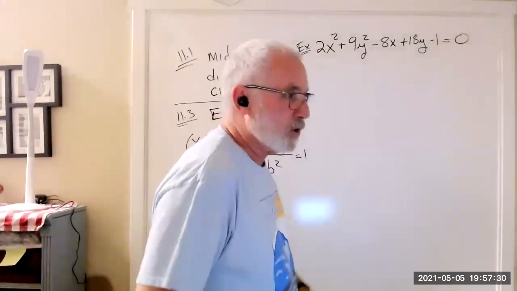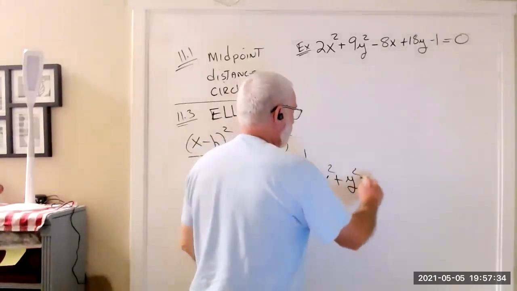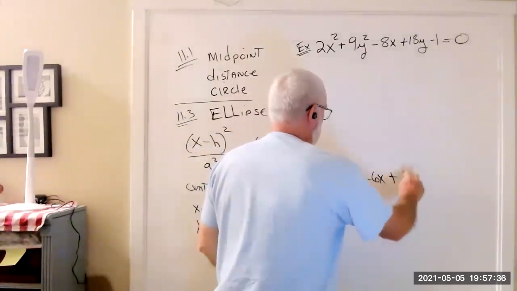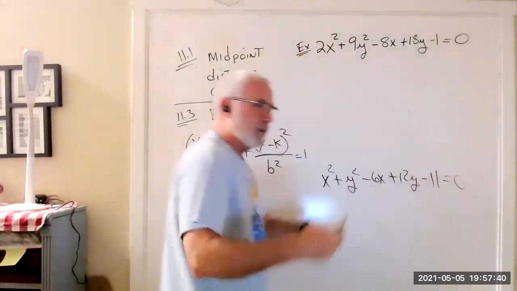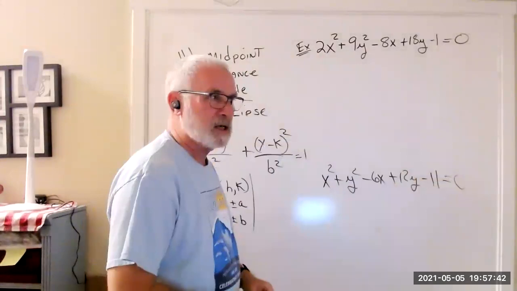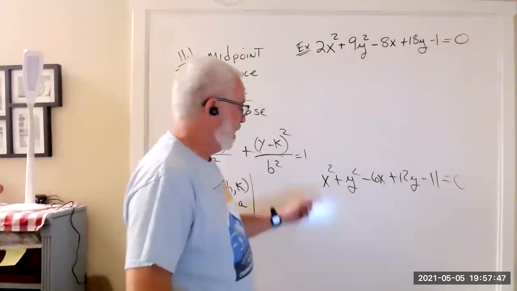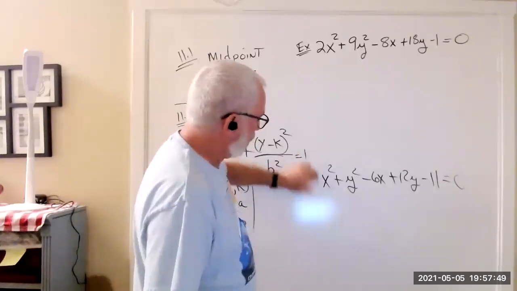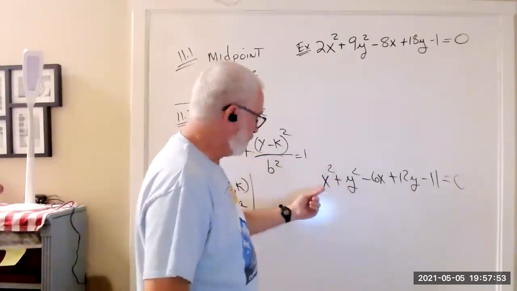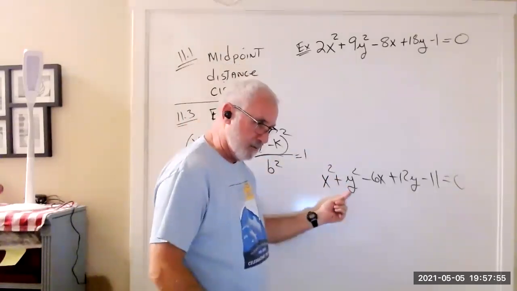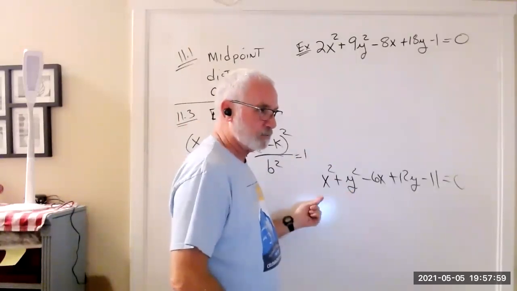If you go back and look at the notes, do you remember when I had x squared plus y squared minus 6x plus 12y minus 11 equals 0? Remember, whatever that problem was when we did completing the square on a circle? Okay. On a circle, the coefficients are the same. The coefficient of the x squared and the y squared are the same. In this case, they happen to be 1.